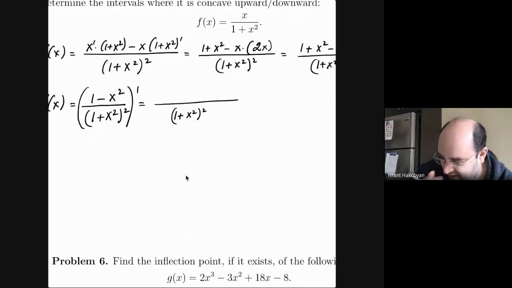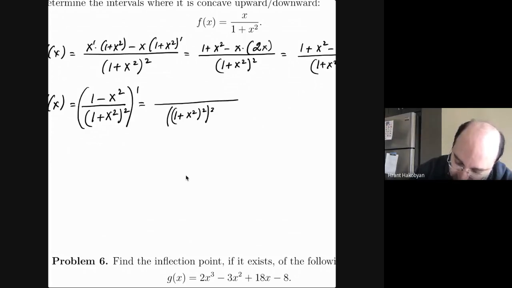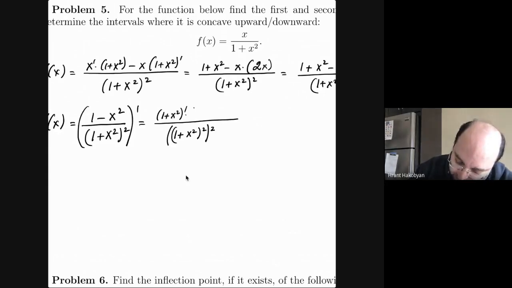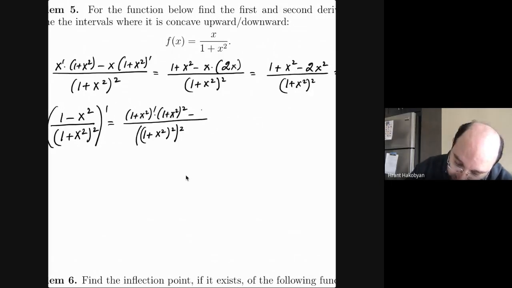Instead of squared, I'm going to get the fourth power, but I'll do that next. Then I have the derivative of the top times the bottom minus the top times the derivative of the bottom, 1 plus x squared squared prime.